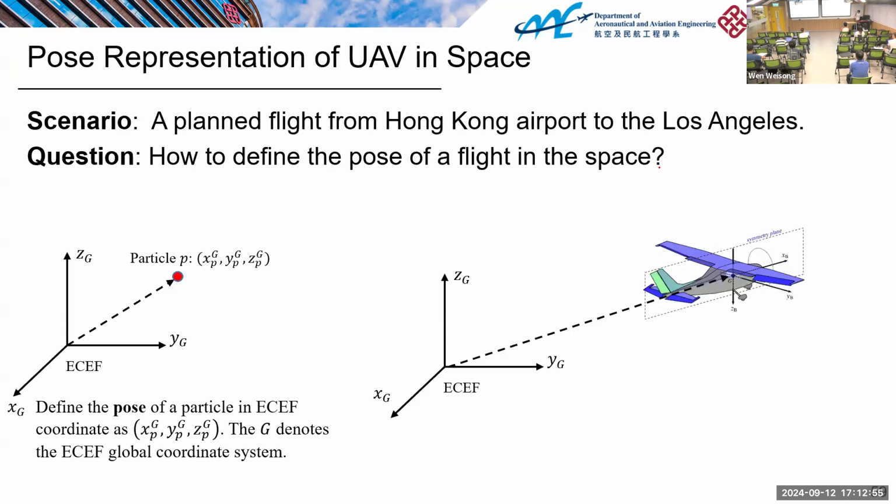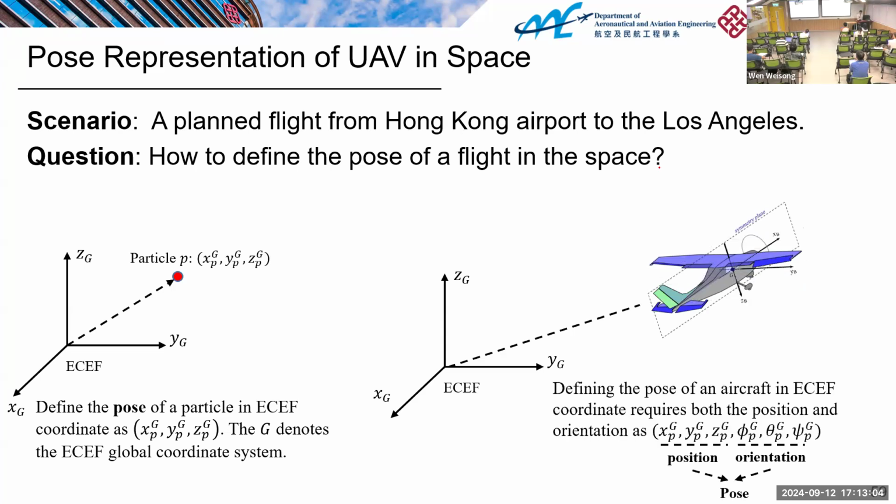For example, if you make some pitch or rotations, how do we define the rotations or the orientations? In this case, we need 3 additional variables. It's called orientation to define the pose. So this is XYZ together with the orientations. This is basically the definition of the pose.